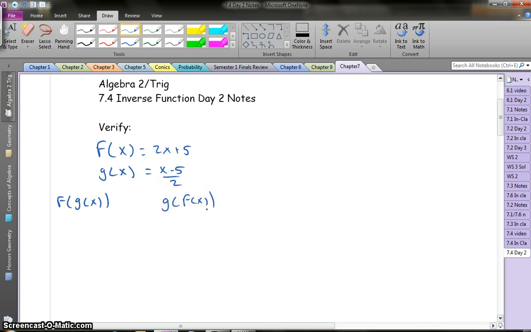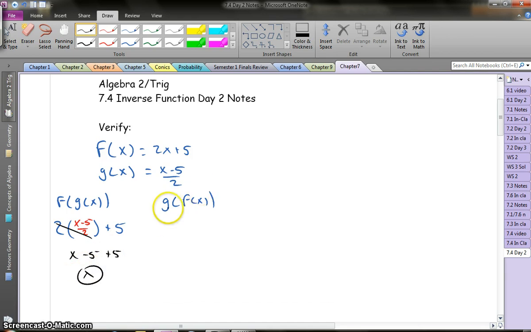So, looking at f of g of x, we start here, 2 times something plus 5, well, that something is g of x. So (x minus 5) over 2. When we simplify that, oh, look at that, my 2's are gone, so x minus 5 plus 5 is x.